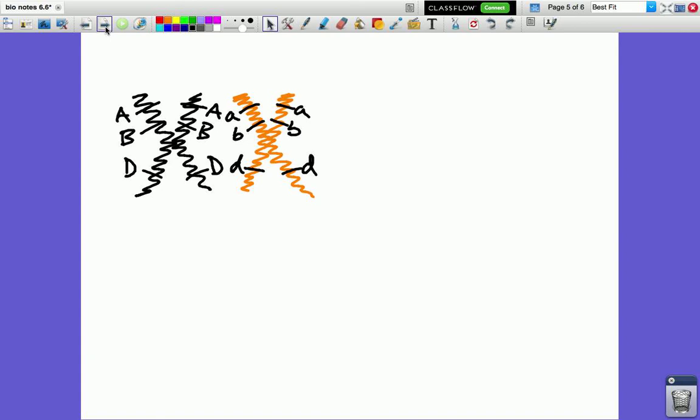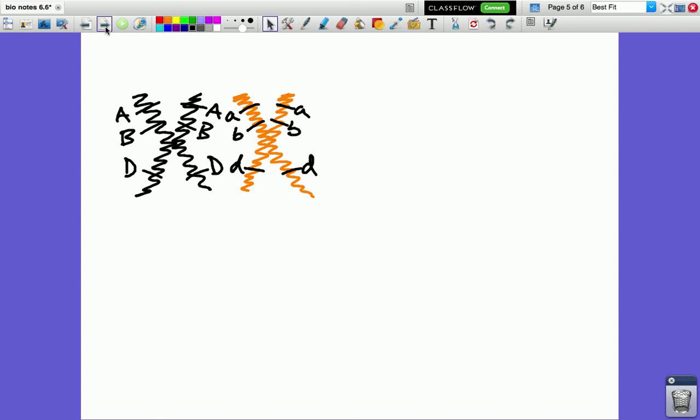All of the genes on the black chromosome are dominant versions, A, B, and D. On the orange chromosome, though, you have those recessive versions, lowercase a, b, and d. Remember, those two chromosomes have the same genes, but they don't necessarily have to have the same versions of those genes. So the black is all dominant, the orange is all recessive.